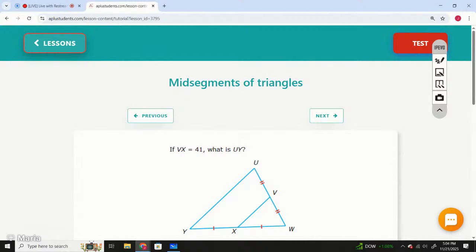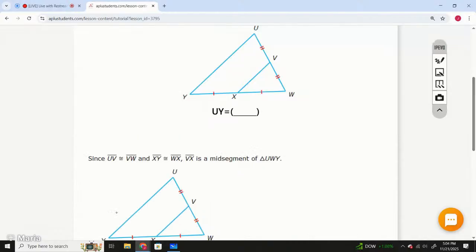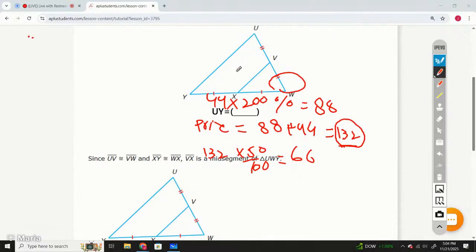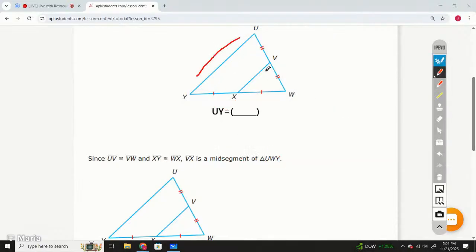If Vx equals 41, what is Uy? So here is Uy, here is Vx. We need to find the length of Uy, right? UV is similar to VW, and XY is similar to Vx, right?